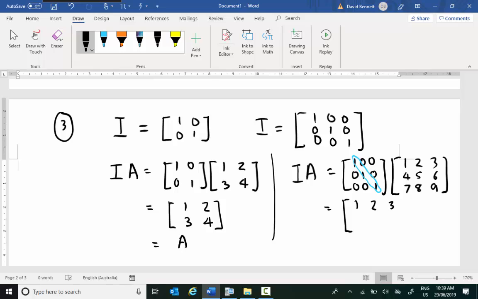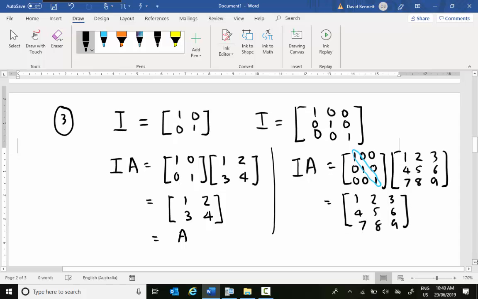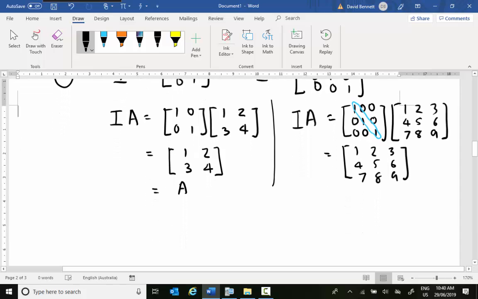Anything times 0 in the top row is going to be 0. Anything times 0 in the bottom row is going to be 0. So the next row is just going to be 4, 5, 6. The last row, row 3, the first two terms are going to give me 0 and 0. Only the bottom term is going to give me a number, and that's going to be 7, 8, 9.